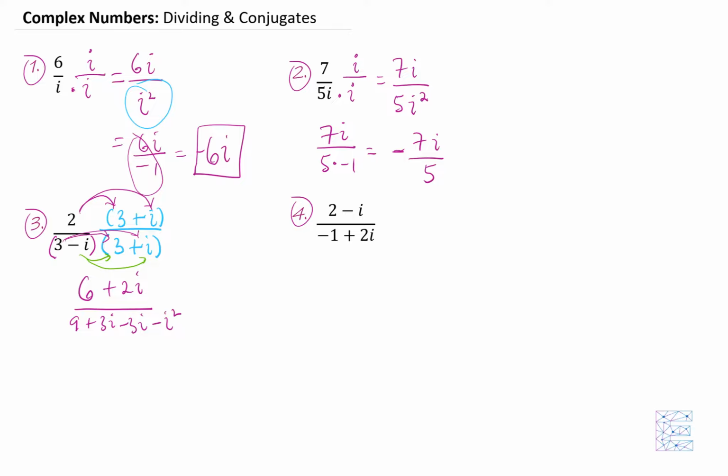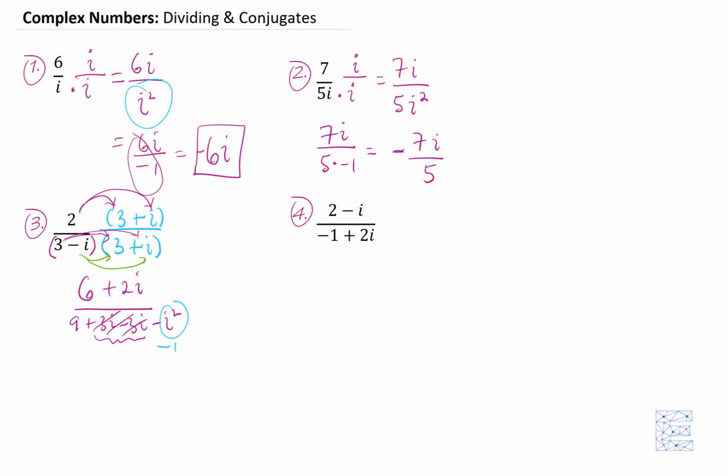Now, remember, the objective of us multiplying this by its conjugate is so we could get rid of I as the denominator. And that is exactly what happens when you look at this part. You see that 3I minus 3I is actually going to cancel out. And we don't have that problem anymore. However, there is still this I squared. But the good news is we know that I squared is simply a -1.